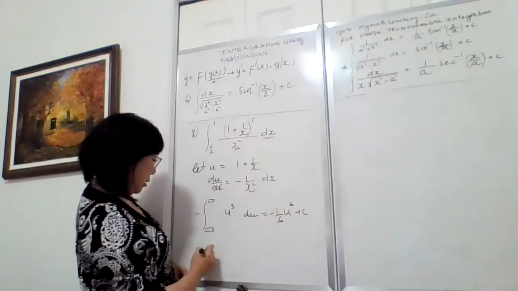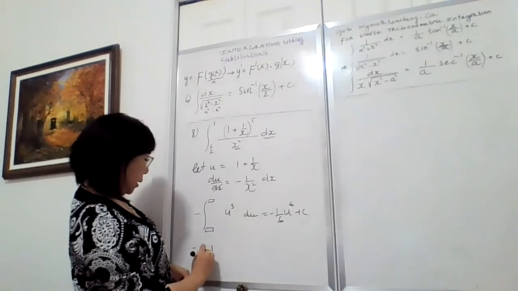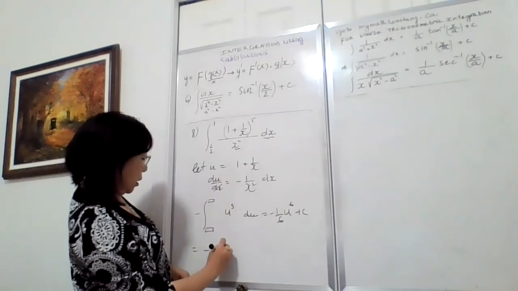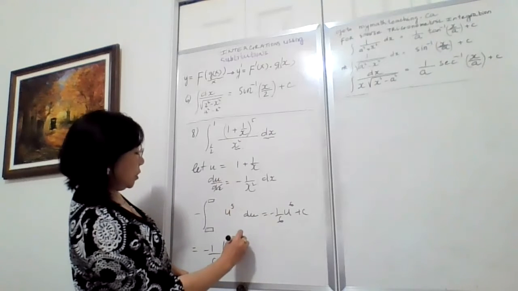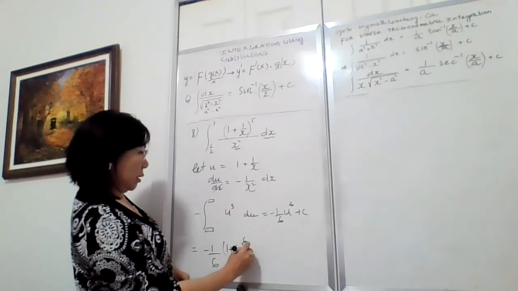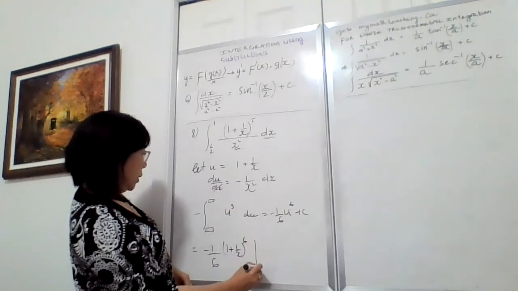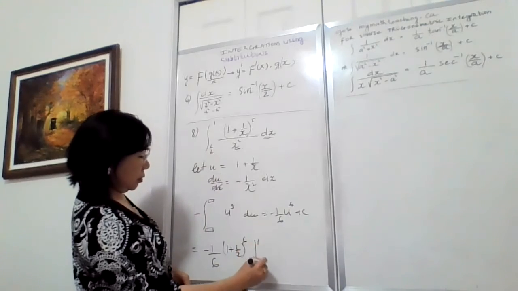Let's see. So now let's substitute back for the u. u is this big chunk here, 1 adding with 1 over x, all of this to the power 6. And the c, we don't have to do c. And we go from 1/2 to 1.